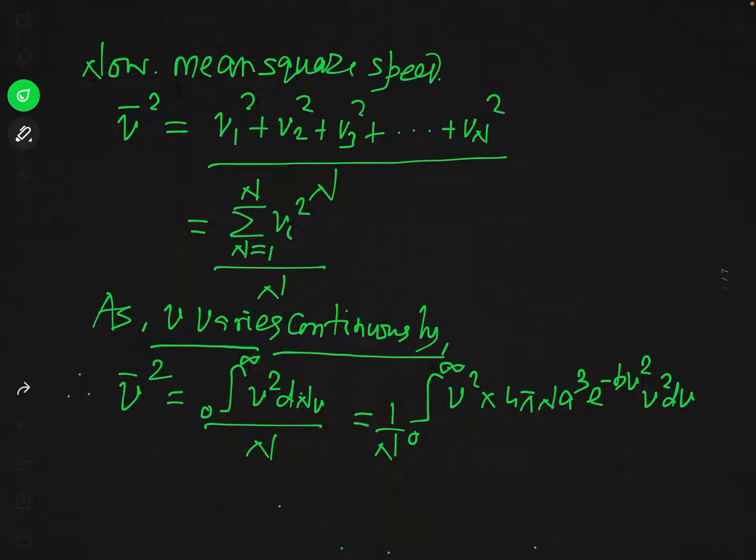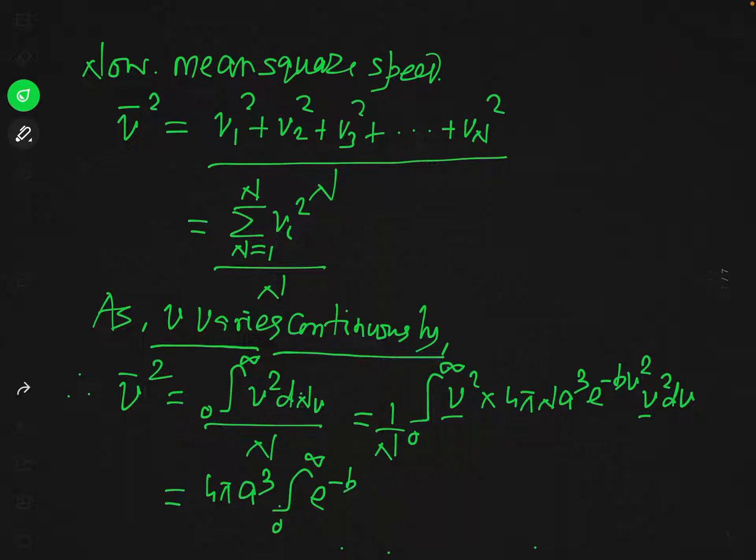Now you can see this n in the numerator and this n will cancel out, and let us see what this integral is. First of all, take the constant factor outside of the integral; 4 pi a cube will be outside of the integral, and this will be the integral from 0 to infinity. Now this v square and this v square will be v to the power 4.